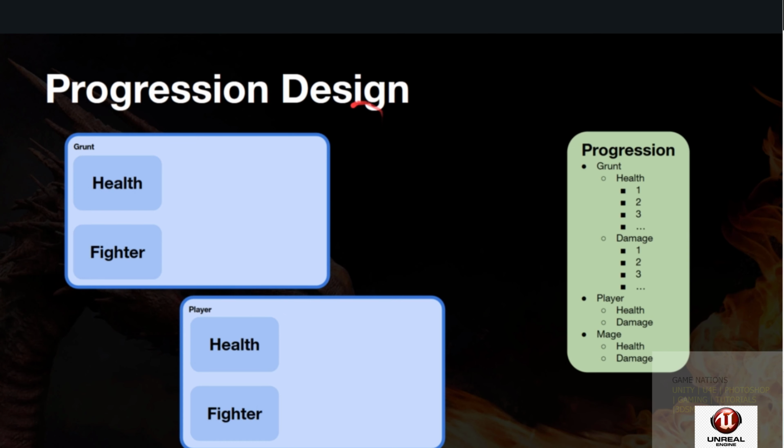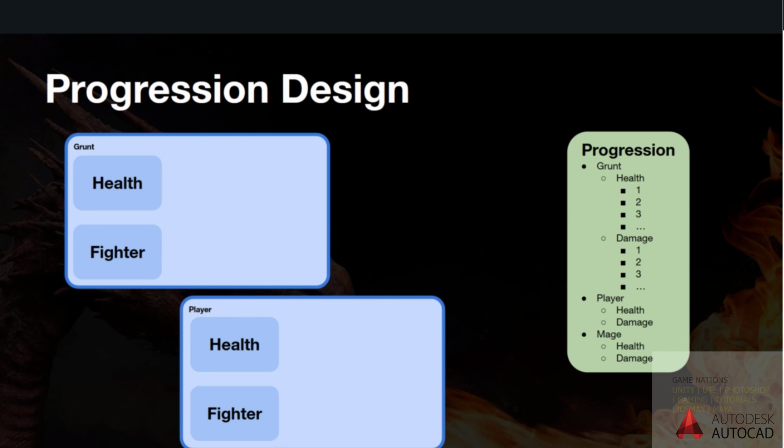We start off with having all the stats for the grunt, and we have stats such as health and damage, and those stats are then broken down by level. So you've got the health at level 1, health at level 2, health at level 3, etc. And then we have the same thing going on for the player, and that's all broken down by level as well. I just haven't gone into the details showing it here because I don't have enough space on the slide.